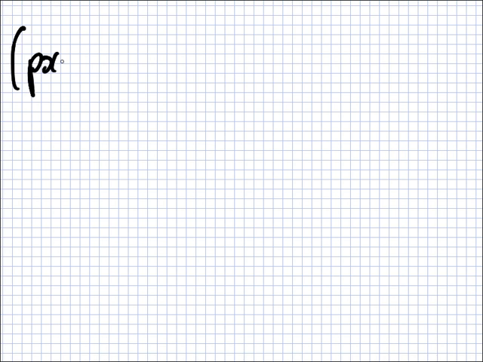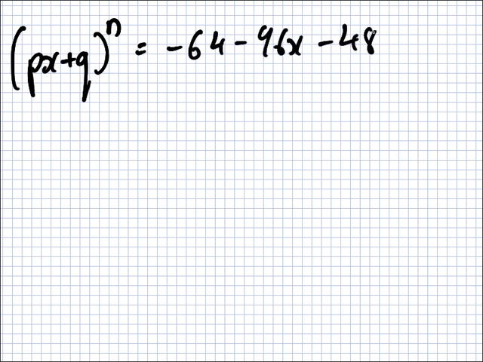You're told that (px plus q) to the power n is equal to minus 64 minus 96x minus 48x squared.